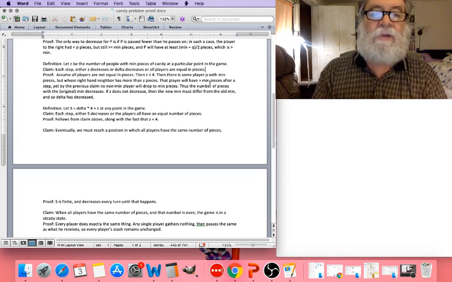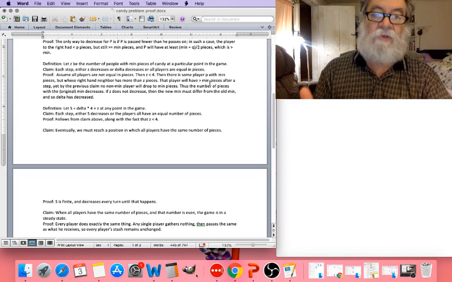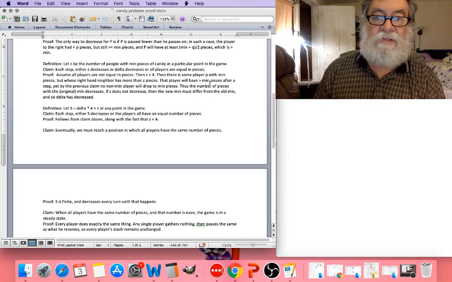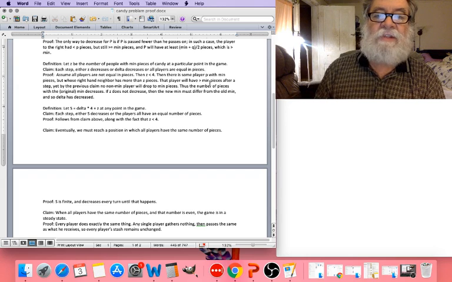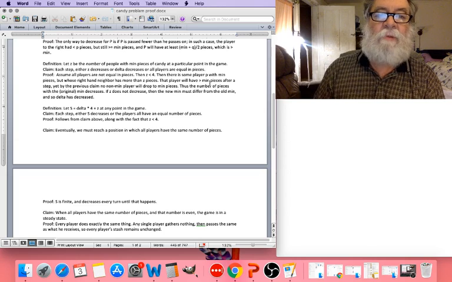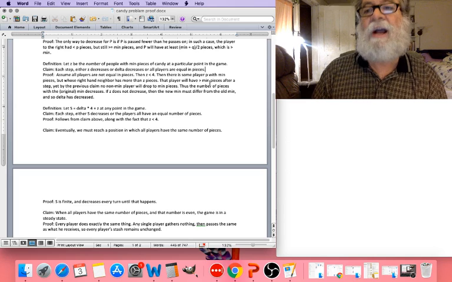Assume the players are not equal in pieces, because if they are, then it's already done. If they're not equal in pieces, then we know Z is less than 4, because they're not all the same. And that means there has to be somebody who has more pieces than the minimum. And that means there has to be some player with the minimum number of pieces whose right-hand neighbor is that guy.